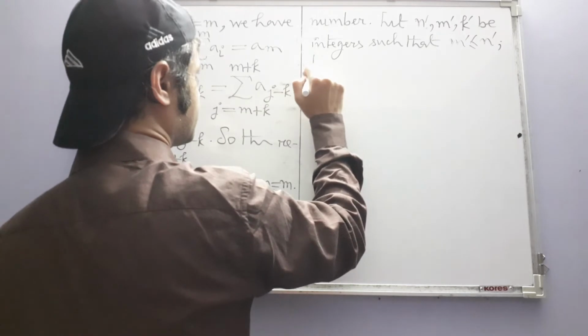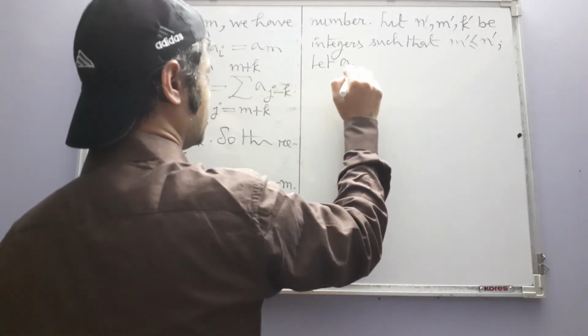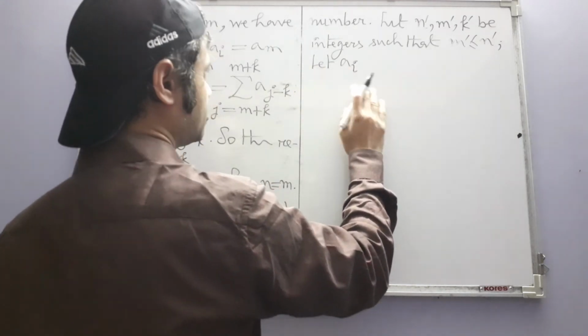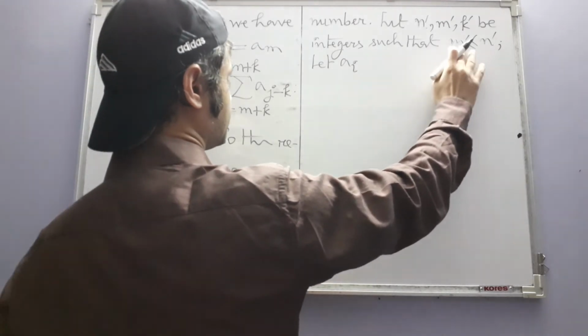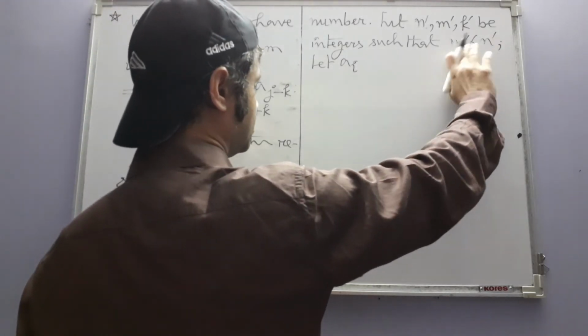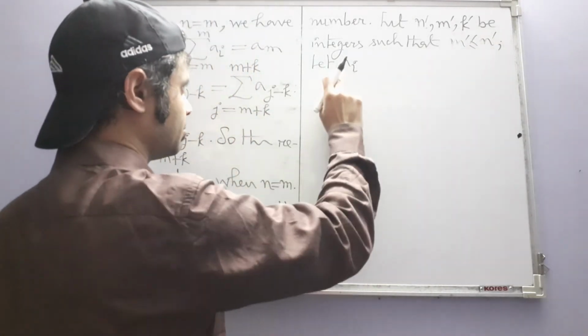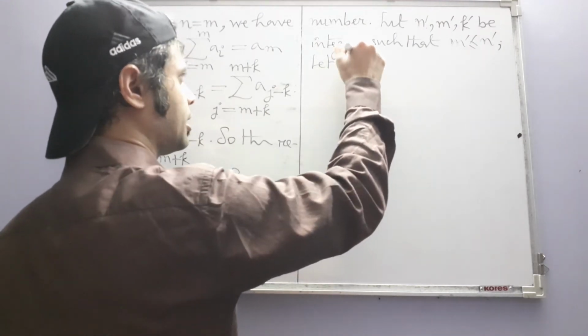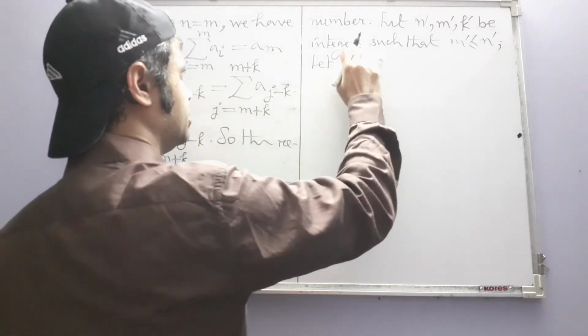Also, let a_i, if you want to keep this practice of writing different things in the induction step, then ideally you should also write a_i prime, but I am not doing that.